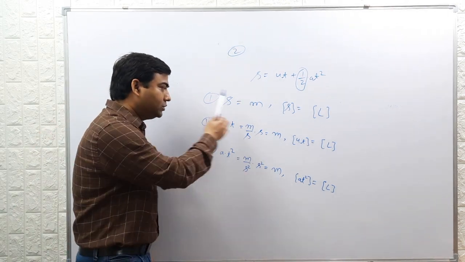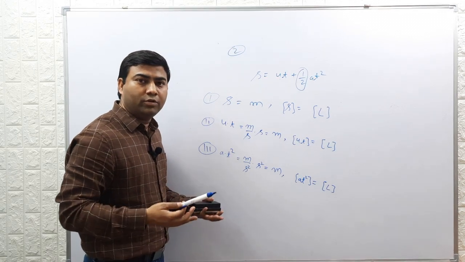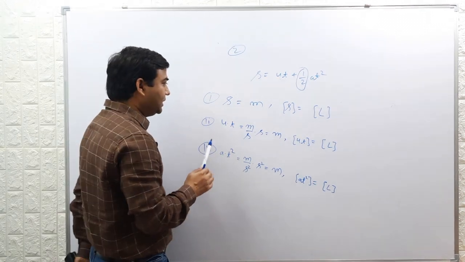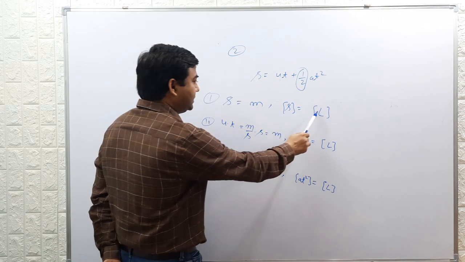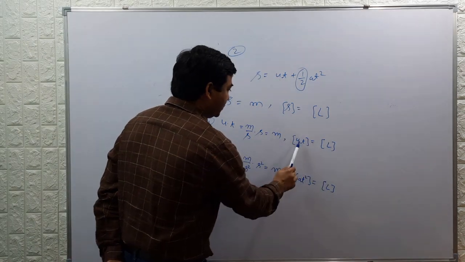We have found the unit in SI system, but it can be found in any system. Similarly, their dimensional formula is L for S, ut and at square.